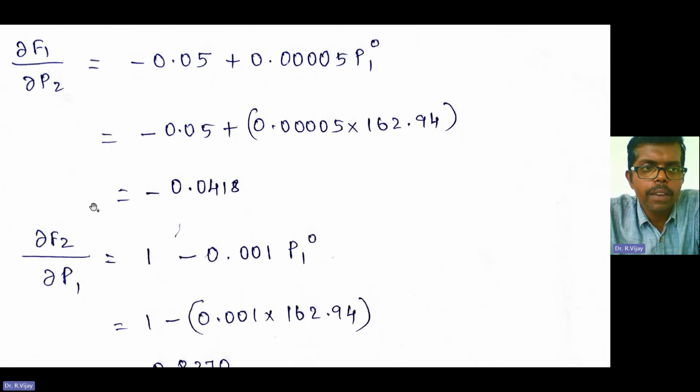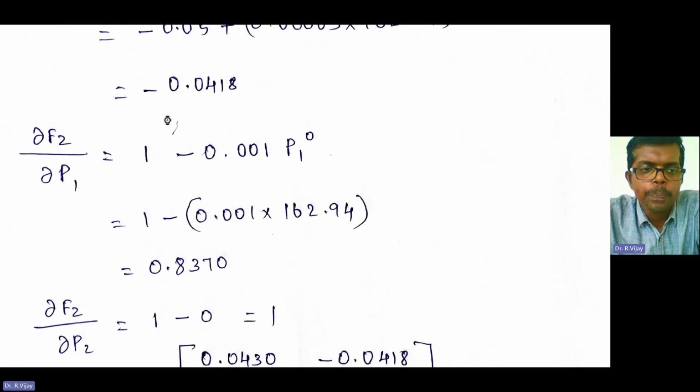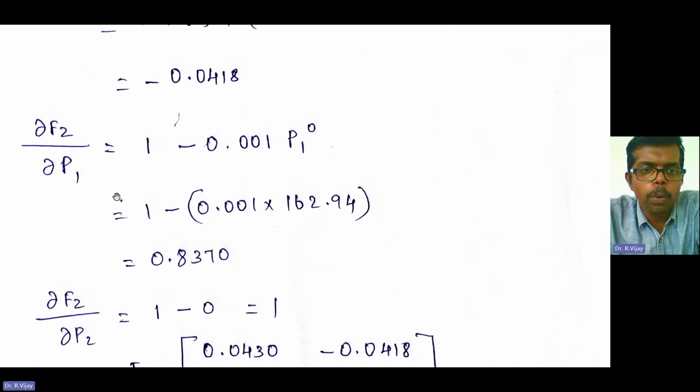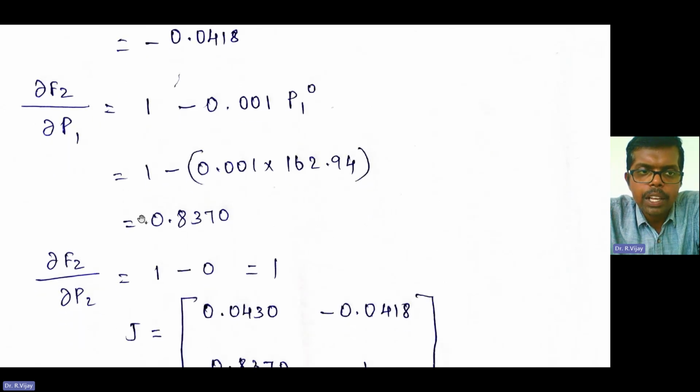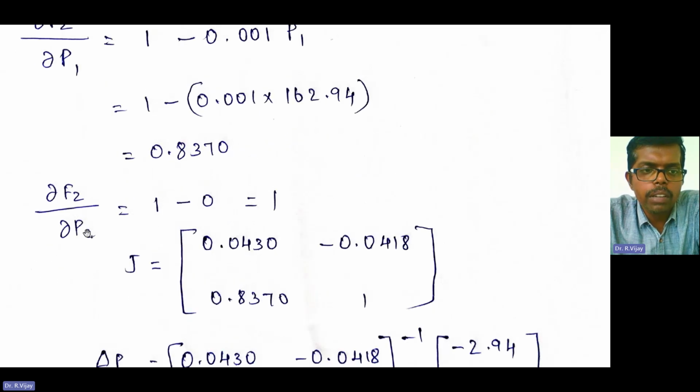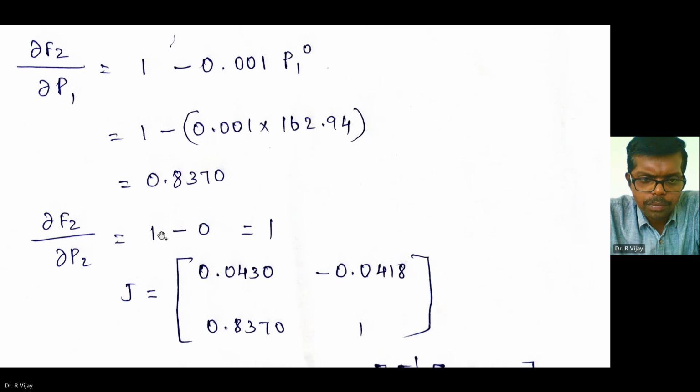Similarly, dou F2 divided by dou P1 is equal to 1 minus 0.001 P1 naught. Substituting the P1 naught we calculated, you'll get 0.8370. Similarly, dou F2 divided by dou P2: the derivative of that function becomes 0 because there is no P2 in F2, so it will become 1.